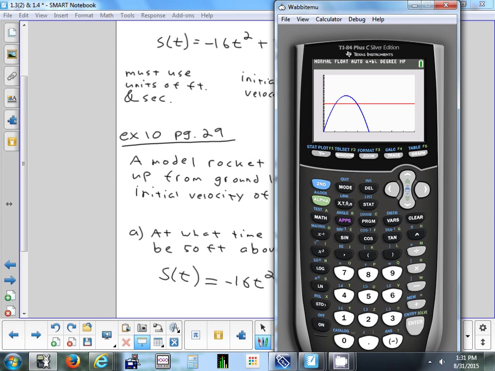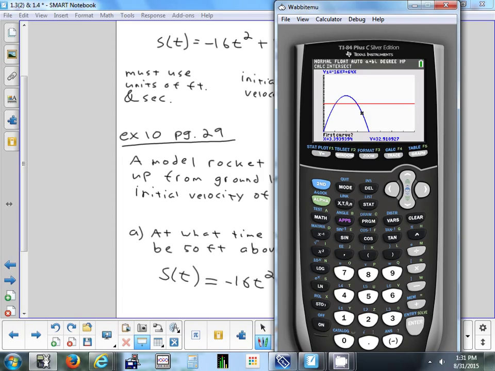Trace. Okay, you could try to trace and you might get close. How can we do it exact? Or as exact as we can do on the calculator? Table. Good guess. Table we use for a lot of stuff, but table won't help here exactly. Intercept. Yeah. Second, calc, intersect.